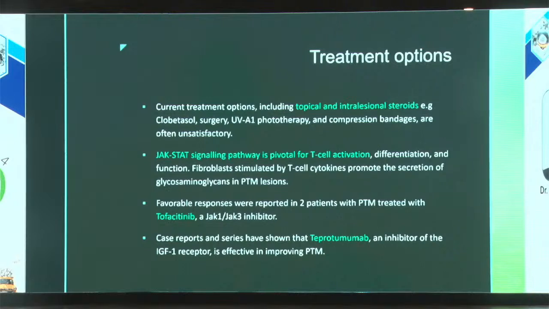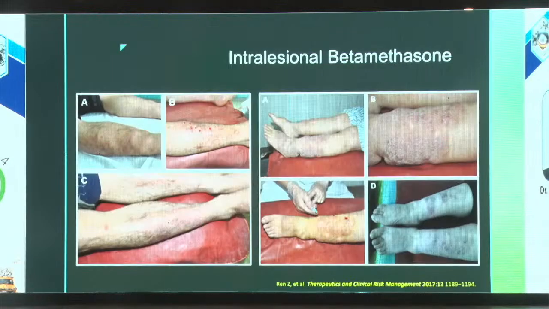Case reports and series are there for teprotumumab, which is used as thyroid orbitopathy treatment, and is also useful just because of the similarity in the pathology in pretibial myxedema as well.